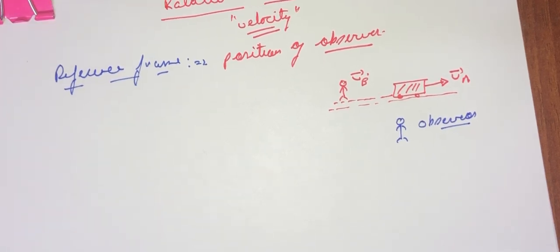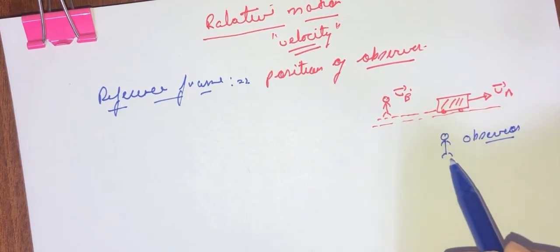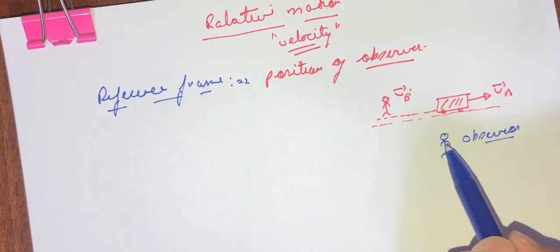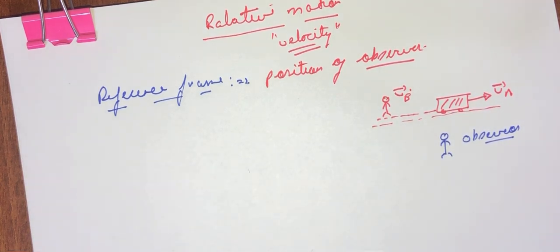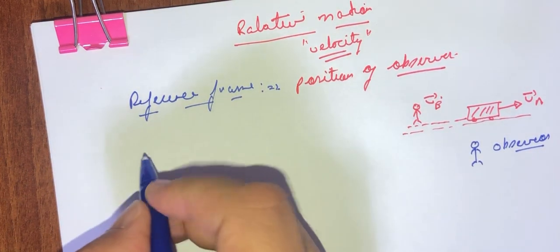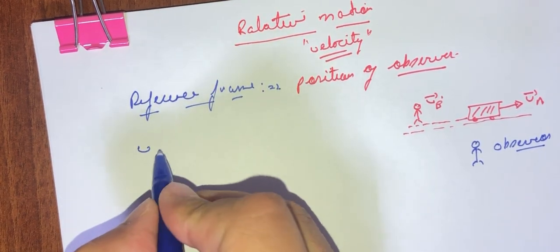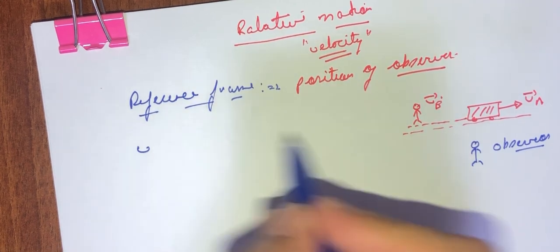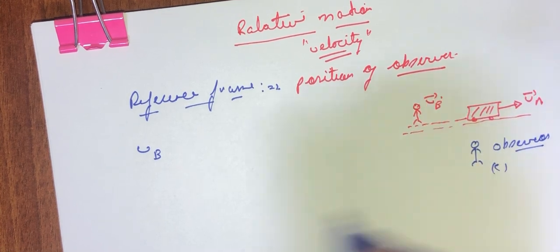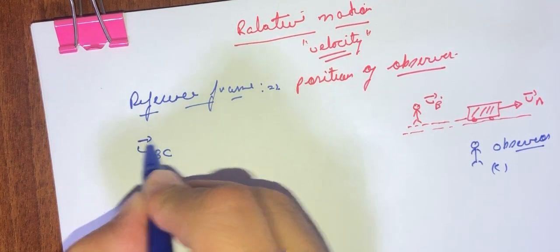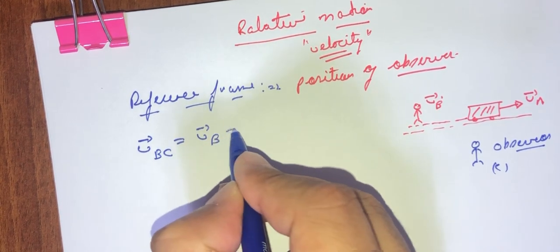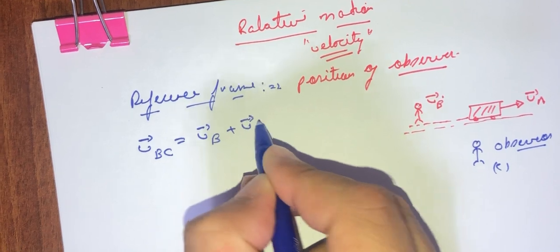So the velocity of person B with respect to, let us call this C, with respect to C will be equal to VB plus VA.